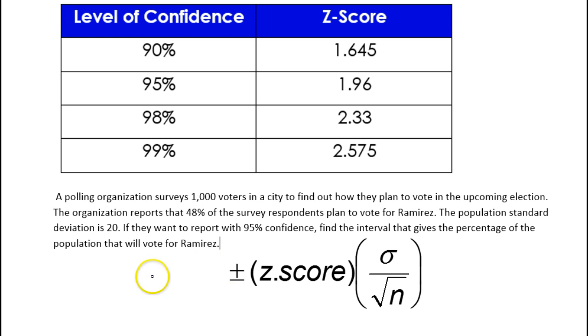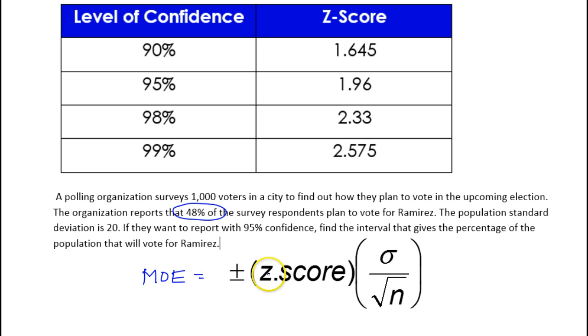This part of the formula is called the margin of error, which we abbreviate MOE. So that's the main thing that we need to find. We need to find the margin of error. That tells us what we need to add or subtract from the survey results, 48%, to find the interval that contains the true percentage of the population that's going to vote for Ramirez.